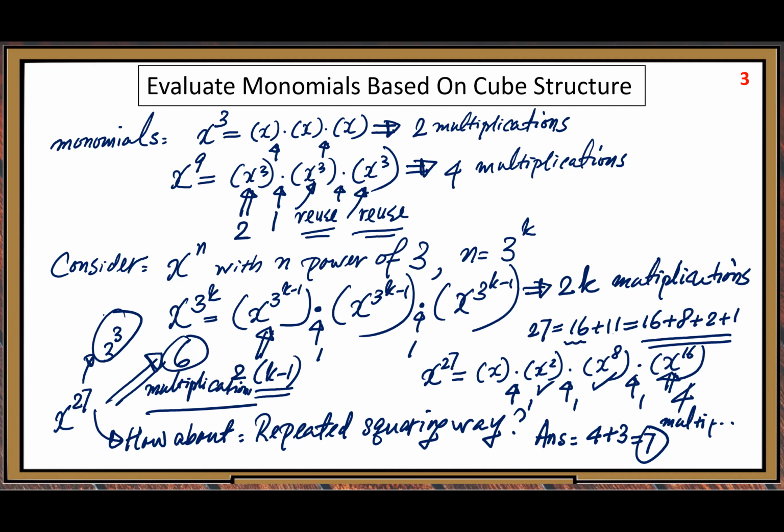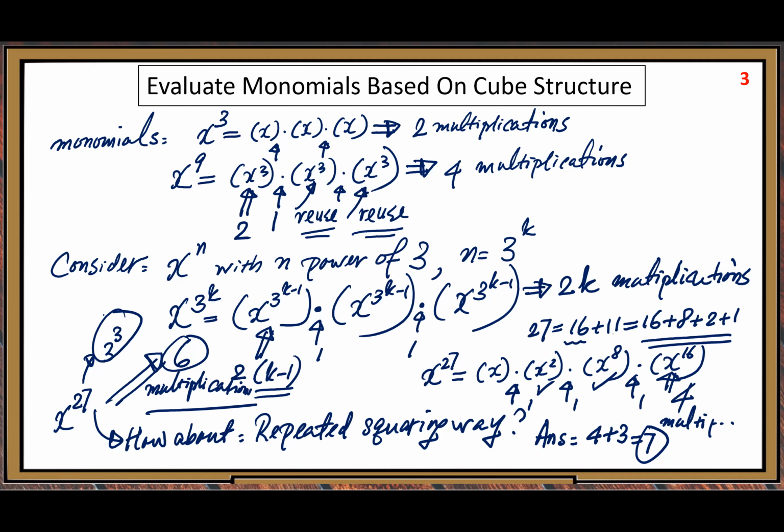So now you get the idea. When n is a power of 2, you should use repeated squaring. When n is a power of 3, you should use repeated cubing. That's a simple, straightforward relationship.